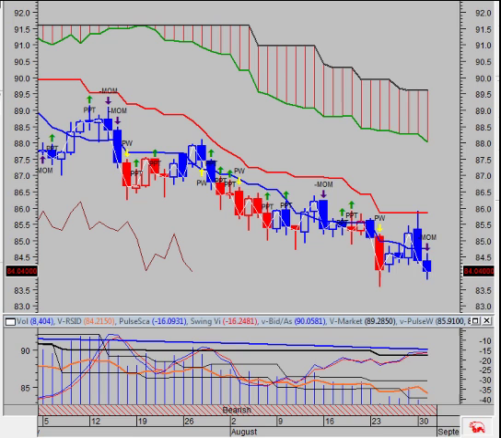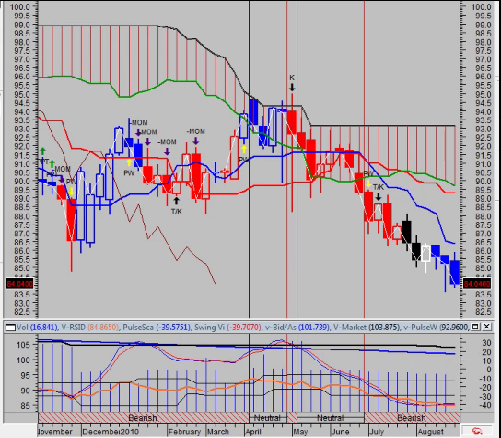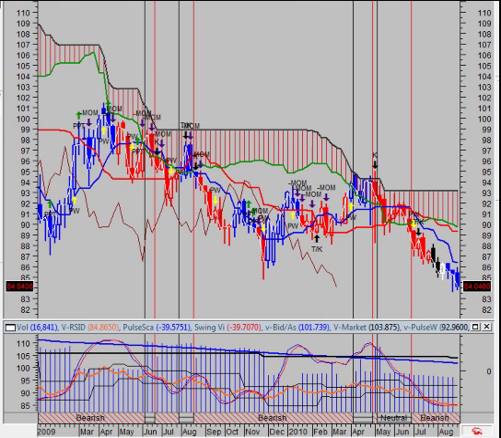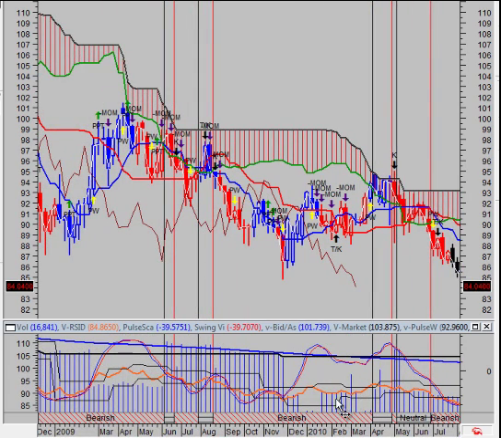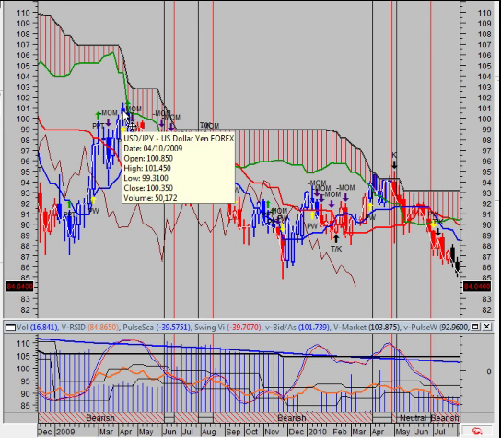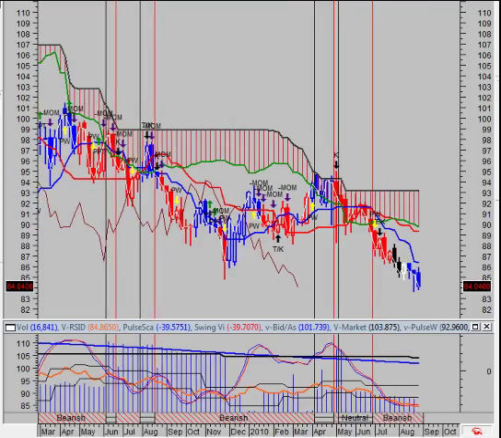If you take a look at the weekly, I'll give you a little bit better picture here. I'll make this a little bit bigger so you can see how long this has been going on. You can see that we've been in a nice, well-established downtrend here, after topping out around the 101.45 level. The market tried to consolidate and slow things down a bit, but to no avail. The downward spiral yet continues.